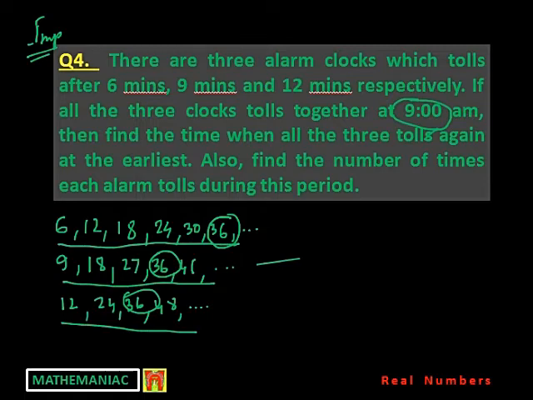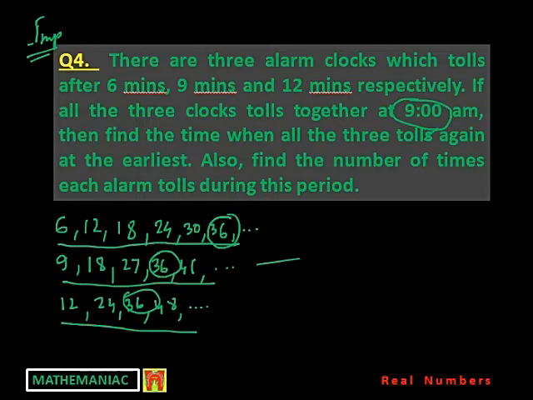You should just write, since the time after which all the three clocks will ring together must be a common multiple of 6, 9 and 12, the time gap will be found by taking the LCM of 6, 9 and 12.